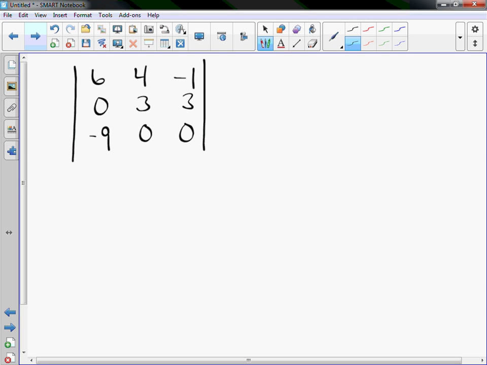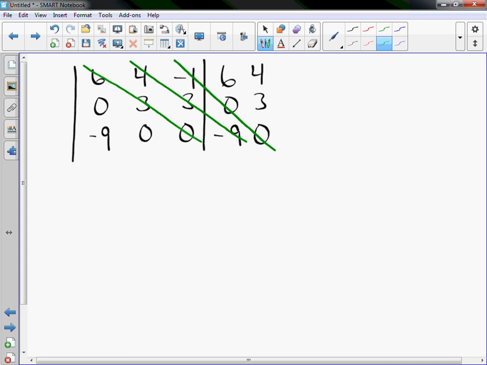What I'm going to do is take the first 2 columns and rewrite them outside of the matrix. Again, I'm going to draw my diagonals left to right. I've got 3 of them this time.